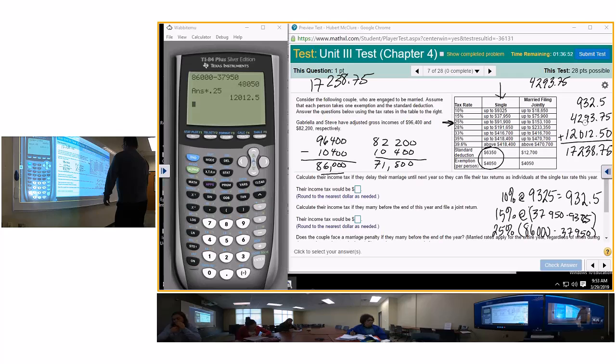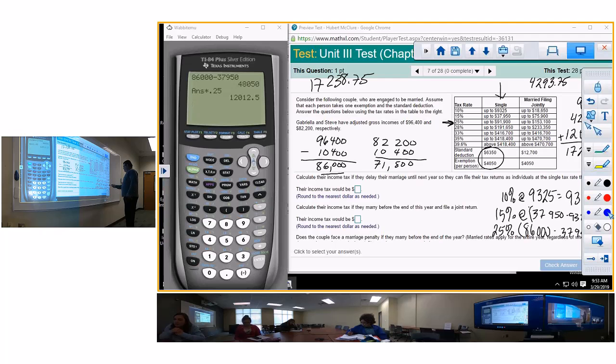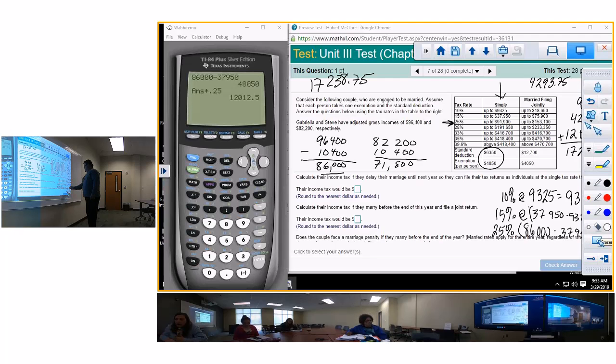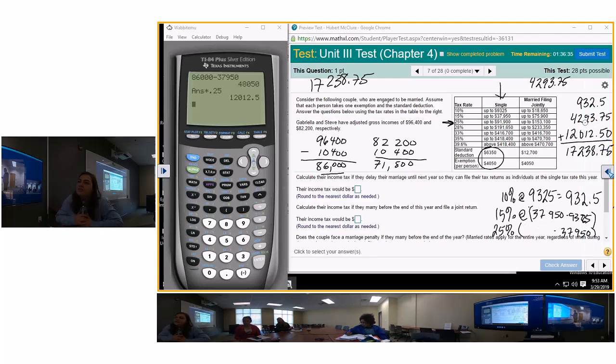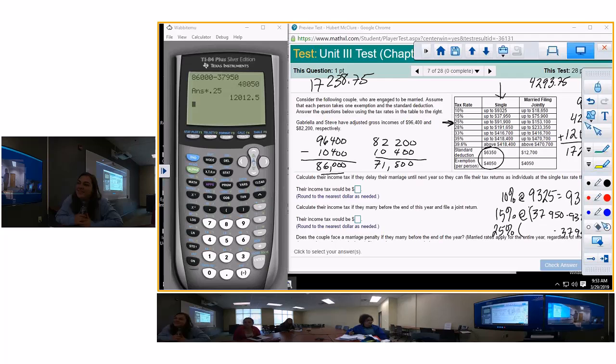Now do Steve. So the first one stays the same, right? The second one is going to be 37,950 minus the deduction. And the third one, instead of 86,000, it's going to be what? 71,800.